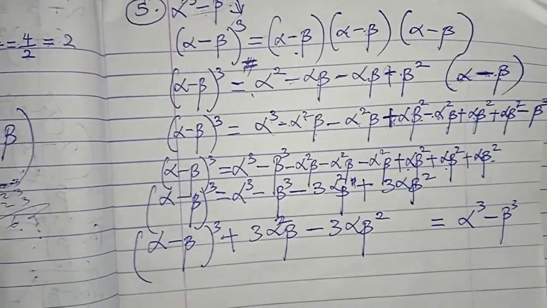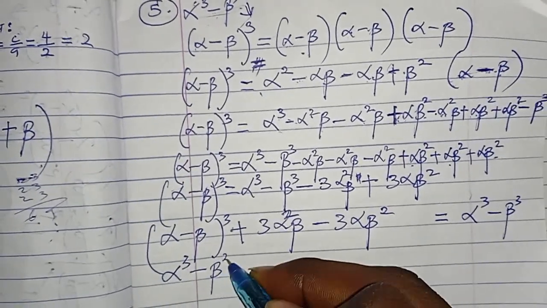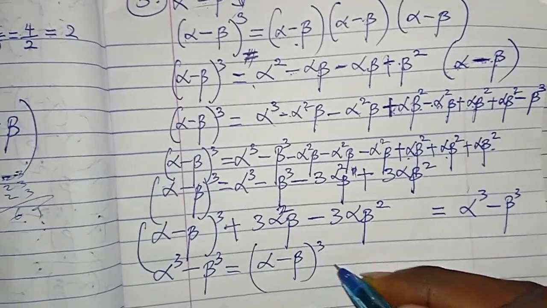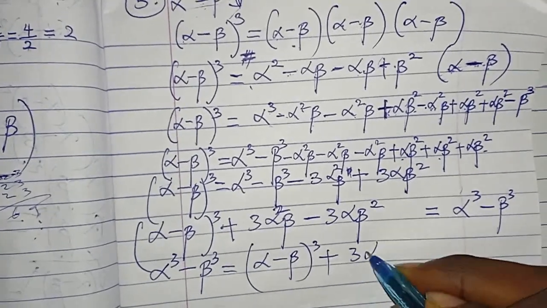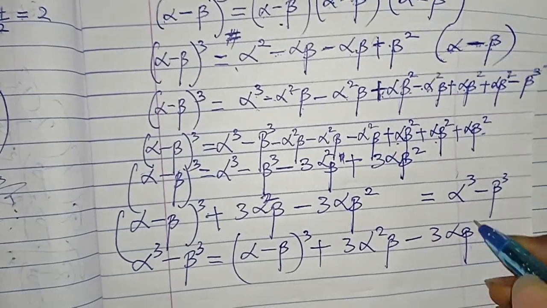Are you seeing it? So let me write it. This is alpha cube minus beta cube equals to alpha minus beta cubed plus 3 alpha square beta minus 3 alpha beta square.